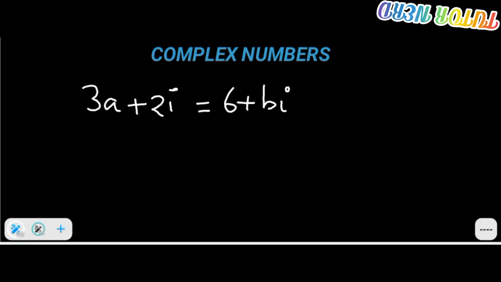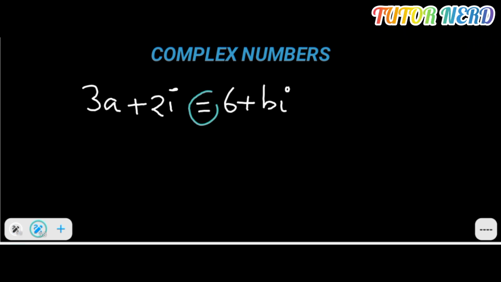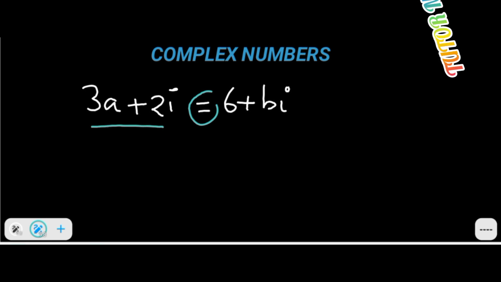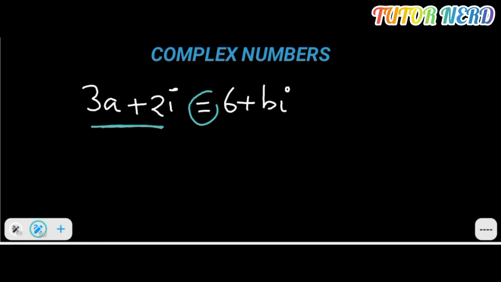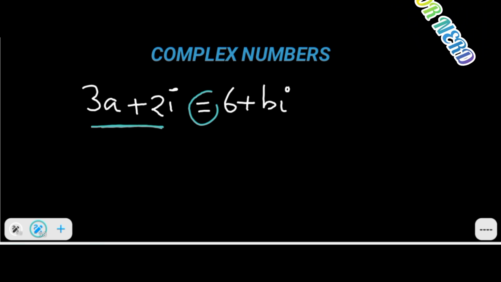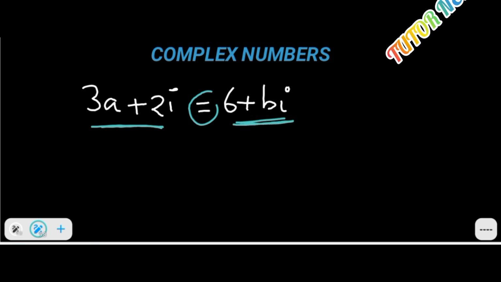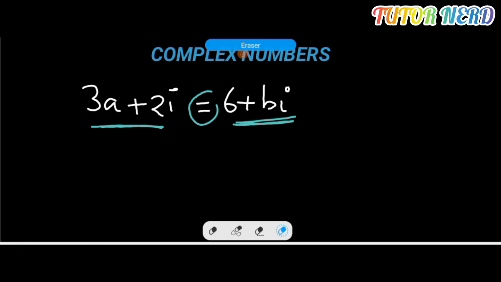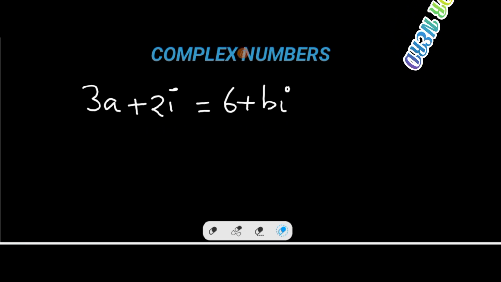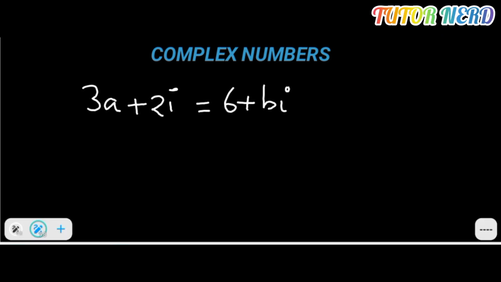Okay, so since here we're having the equal sign, meaning the things that are on the left part are equal or equivalent to the things that are on the right part here. So what we're going to do is to equate. What are we equating? Things that don't have i's in them, because they are not imaginary, they are real numbers.